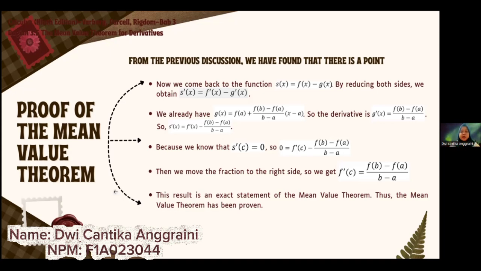Then we move the fraction to the right side, so we get f prime of c equals (f(b) minus f(a)) over (b minus a). This result is an exact statement of the mean value theorem. Thus, the mean value theorem has been proven.